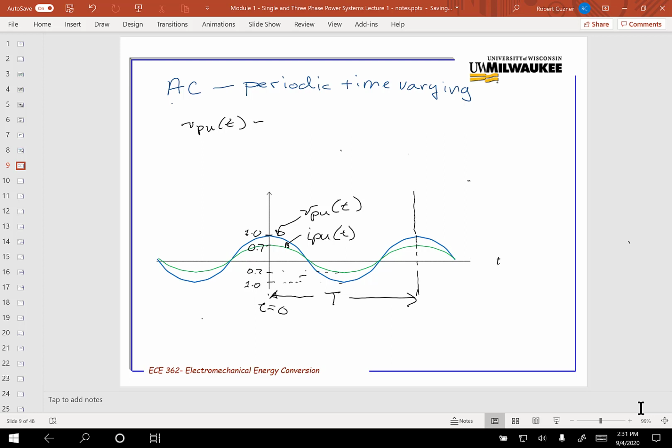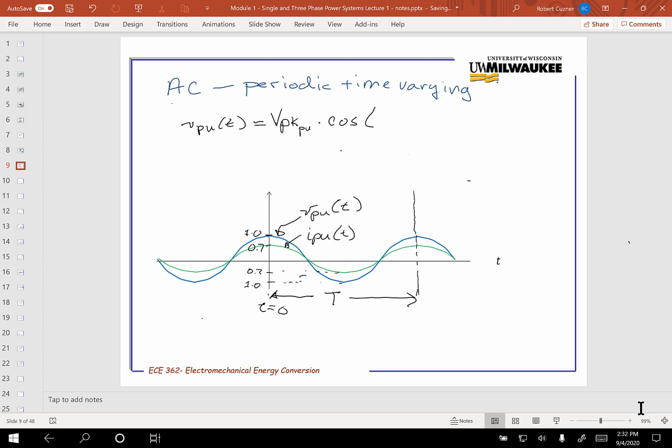So that means that we're going to want to use a cosine. So the peak, we could be general and call this V peak, I'll just put a little subscript, per unit, times cosine, and we say cosine of what?